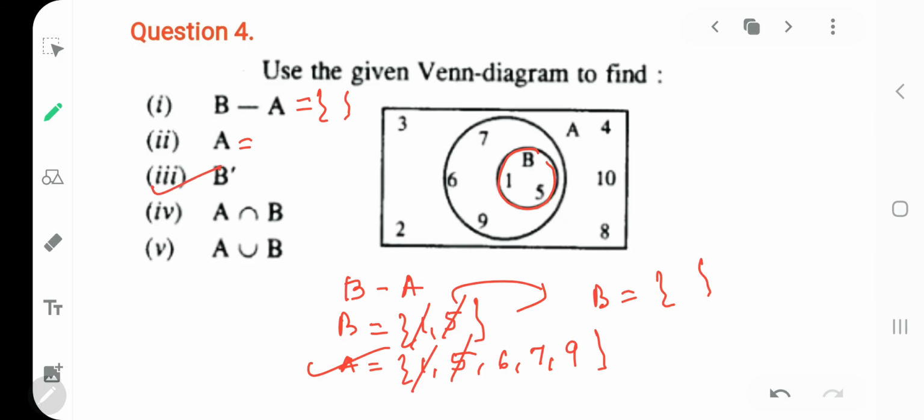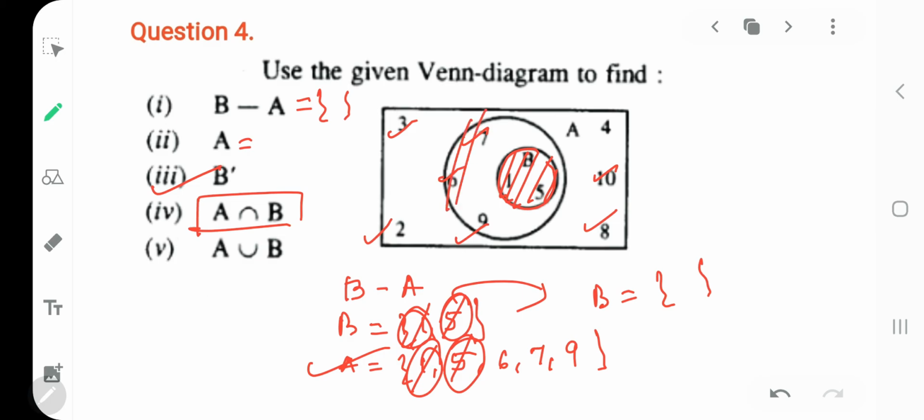Clear? A you have already written here, A elements. B complement means B के अलावा बाकी जो भी elements हैं that will come in your B complement. A intersection B is common, that means 1 and 5. A union B, that means all the elements belonging to A and B, but there should not be repetition of elements. Clear?